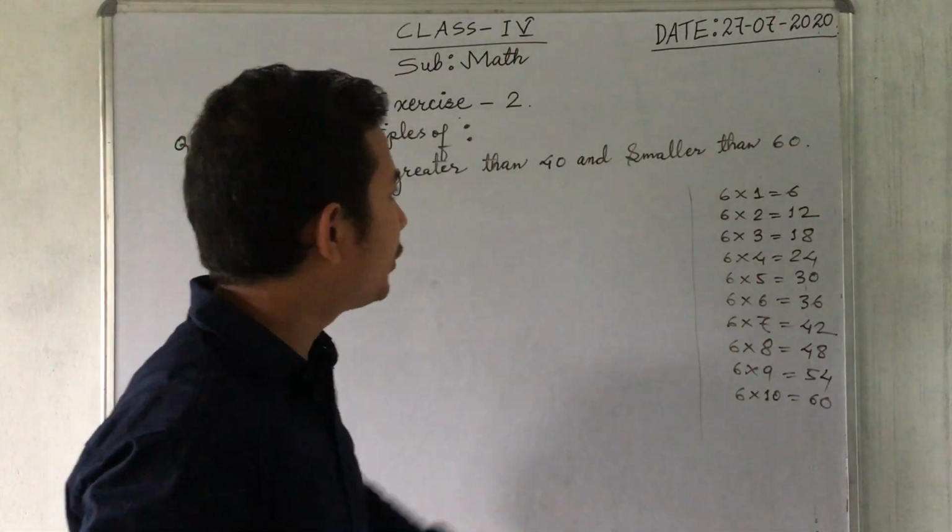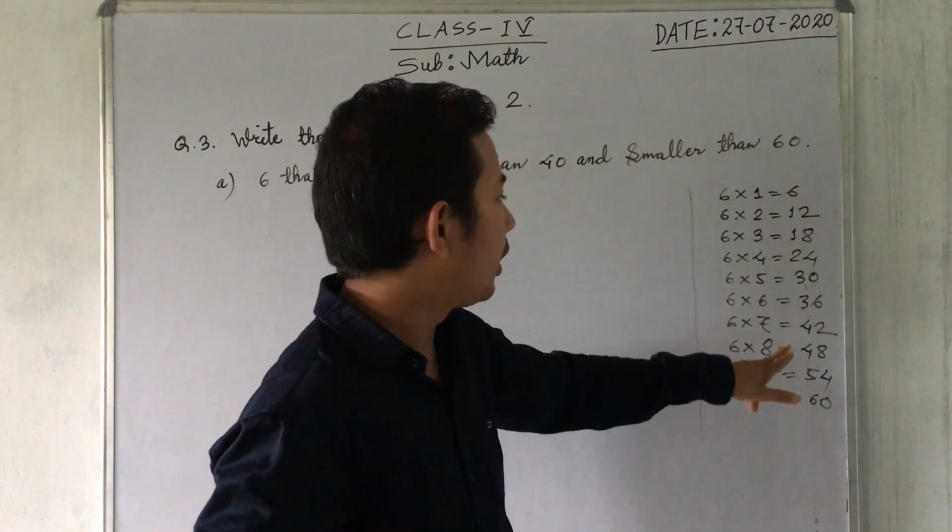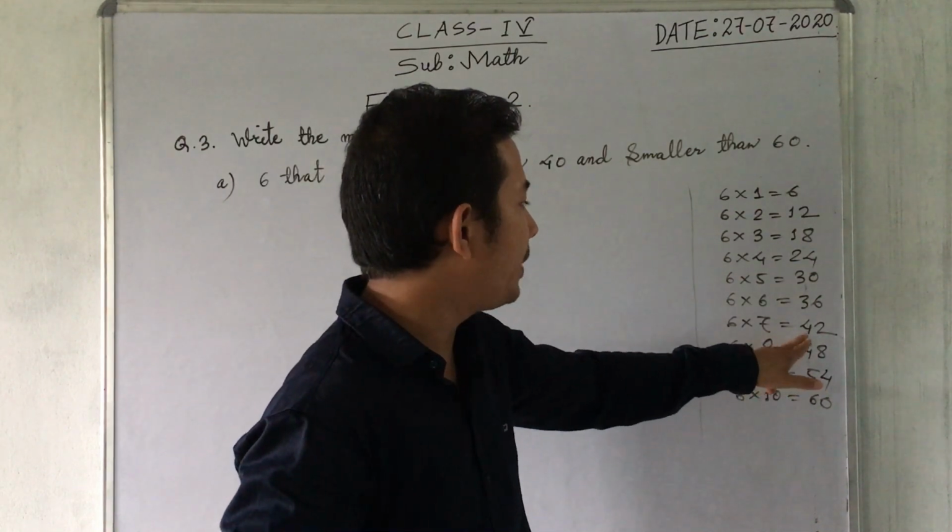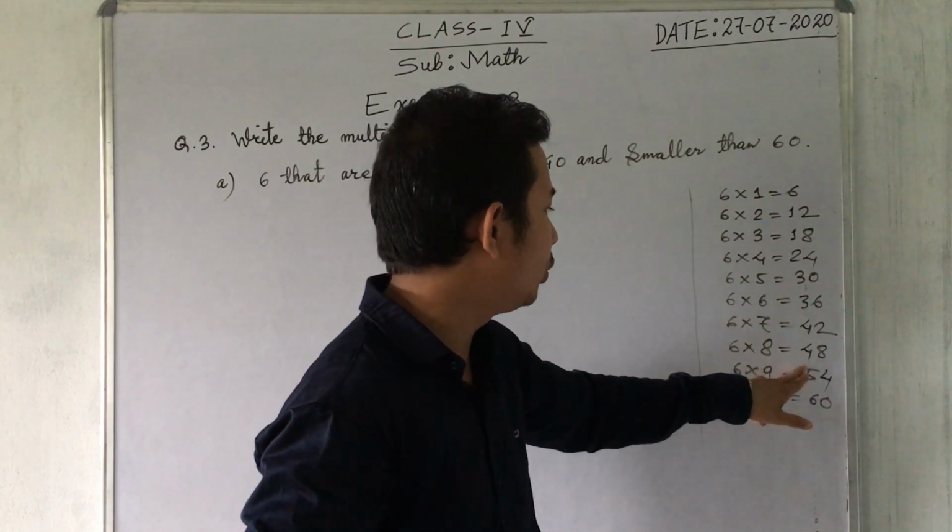So between 40 and 60, how many multiples of 6? 1, 2, 3.